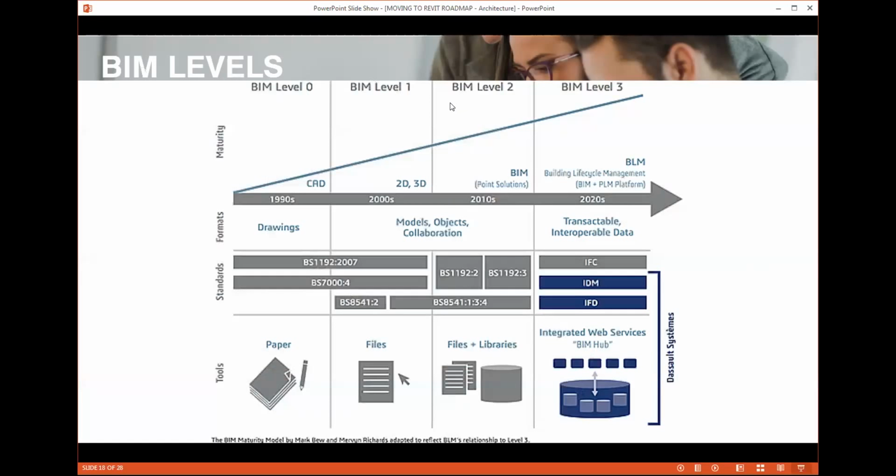Then you have BIM level 2, where this is the target that the UK government set for their AEC professionals. And here you have point solutions, meaning people that are using just Revit or any of the other software tools. And it is characterized by silos.